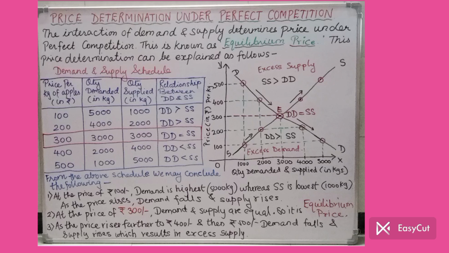So supply is lowest, that is 1000 kg. As the price rises, demand falls because the consumer is at a loss, but supply rises because the seller is at a profit.